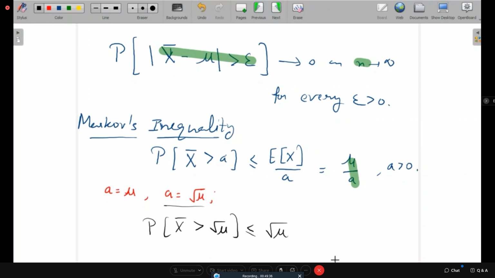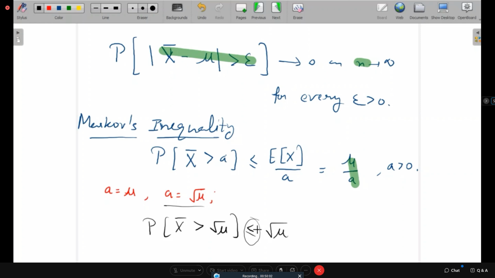No, but here it is less than equals to. If you keep an eye here, it's a less than equals to. So if it is more than 1 even, it's still true. Suppose mu is 2. What is square root of 2? 1.414. So probability that X bar is greater than 1.414 is less than equals to 1.414.